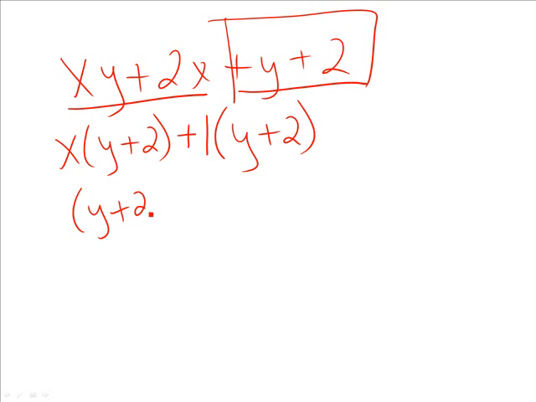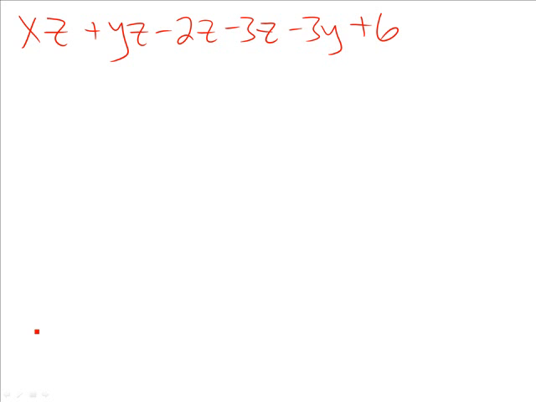When we factor out the common quantity y plus 2, now we're going to be left with x plus 1. So remember, when we do the factoring by grouping, we always have to have something that can come out when we're doing this, even if it's only a 1.